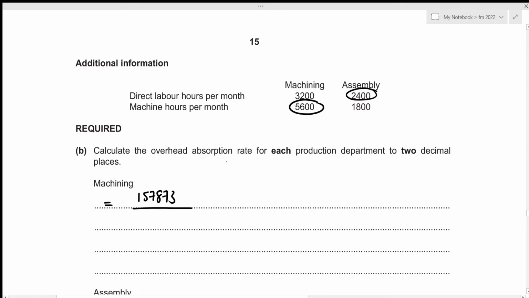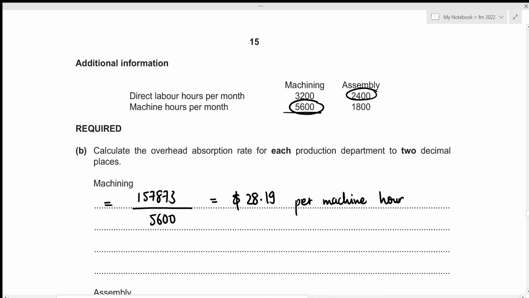So we just divide this overhead by the total machine hours per month, which is 5,600. And this gives the overhead absorption rate for machining department to be 157,873 divided by 5,600, which results in the value of 28.19. And since we figured it out based on the machine hours per month, we need to write it down as well. So that's per machine hour.